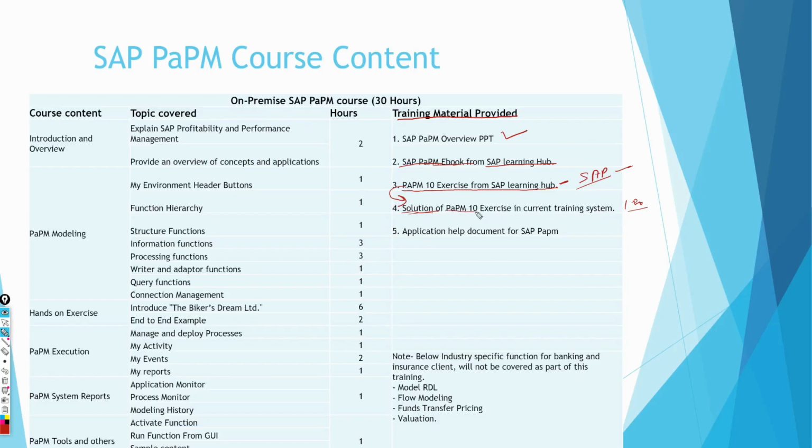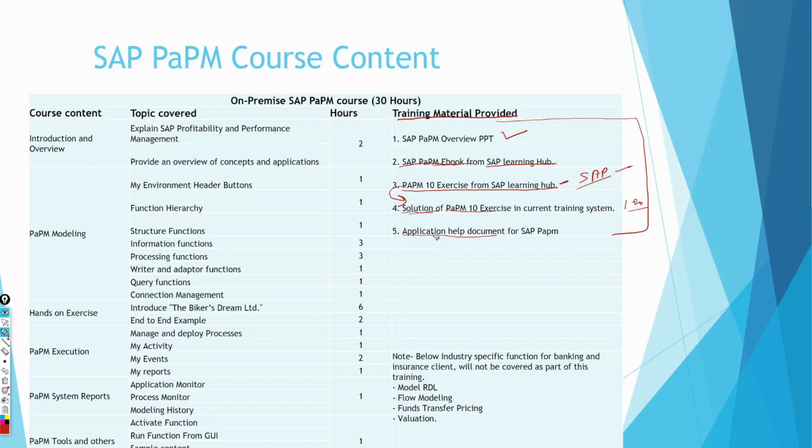Along with that, we will refer to the application help document from help.sap.com, not Learning Hub. We will take a reference from it for any particular function that comes up. This is the training material that will be provided.